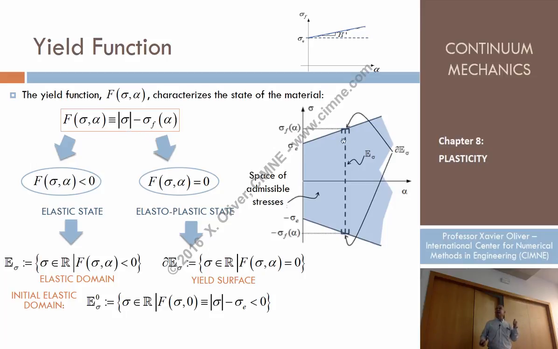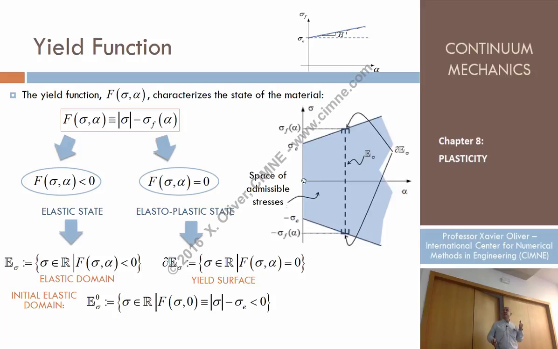That means that typically for a given value of alpha, all these values of stresses are attainable, and the space in which these stresses can take values is what is called the elastic domain. The elastic domain is the set of values of the stresses such that f of sigma alpha is strictly smaller than 0.